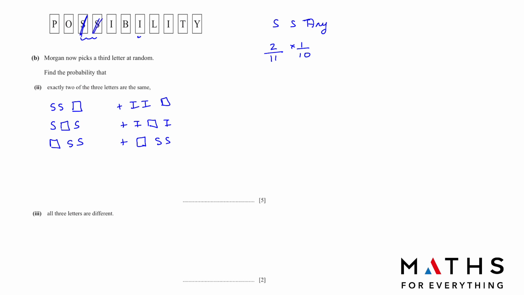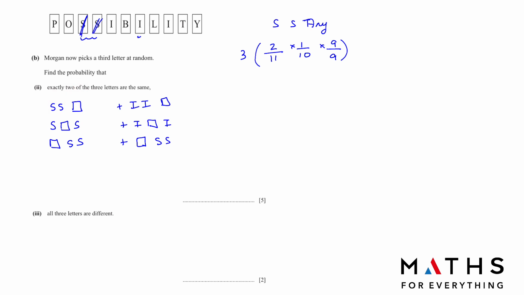If I remove that, now any letter, if I count, I will get 1, 2, 3, 4, 5, 6, 7, 8, 9 over the total remaining, which is 9. This combination I can multiply by 3 times, like we saw here.